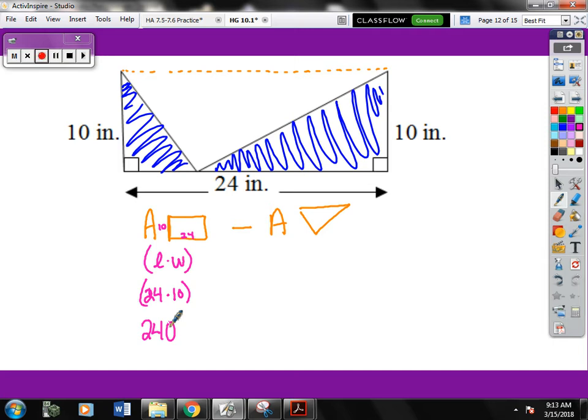Now the formula for a triangle, 1/2 base height. At the time, you might think we don't know what the base and the height are, but if you know this is 24, you'll know this is 24. And if you know a perpendicular distance from the top to the bottom is 10, you could draw in a perpendicular distance that is also still 10.